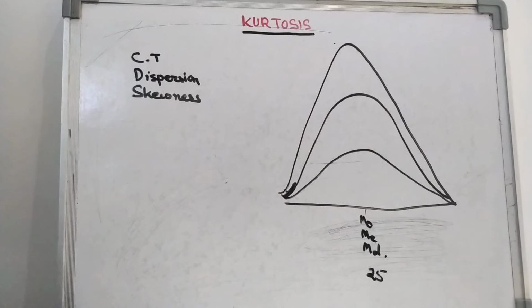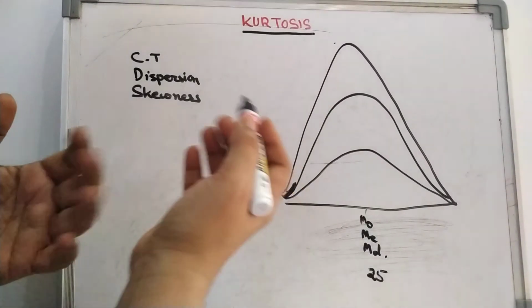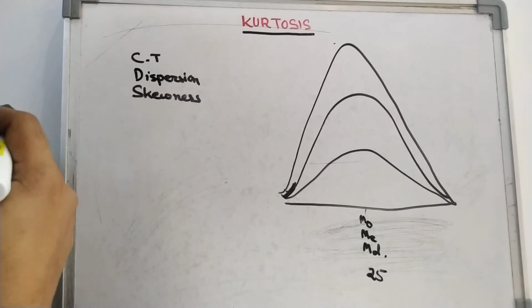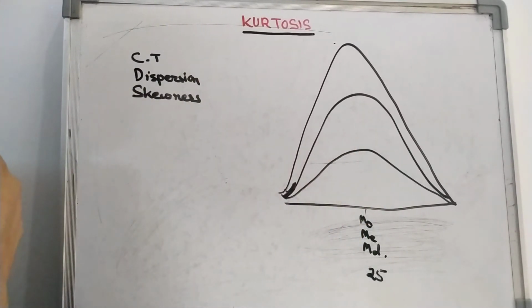So this is the way of finding kurtosis. If you draw the curve, then also you can find through the curve which has more kurtosis and which has less kurtosis.